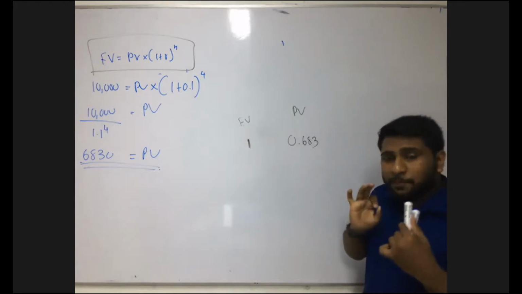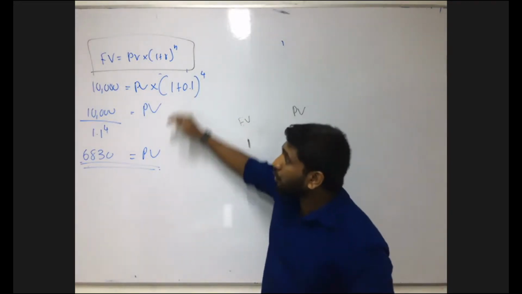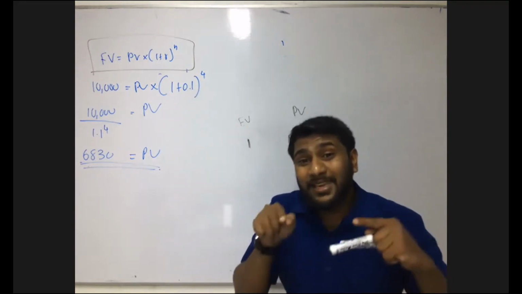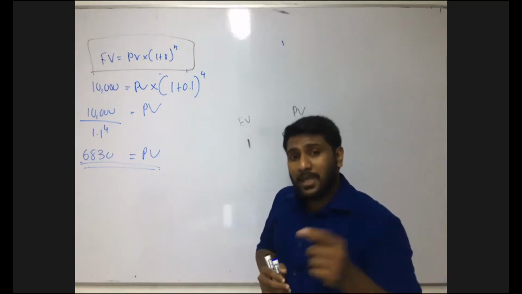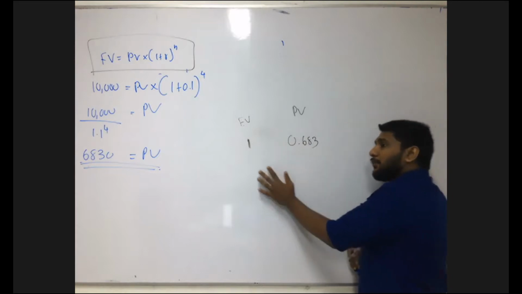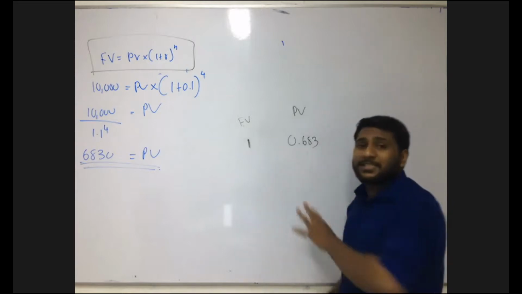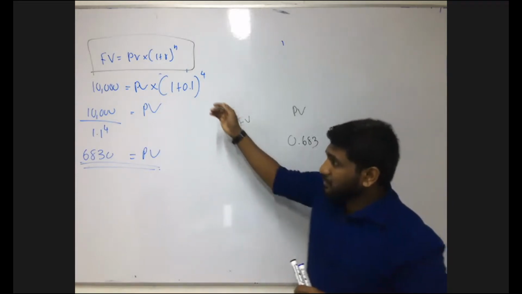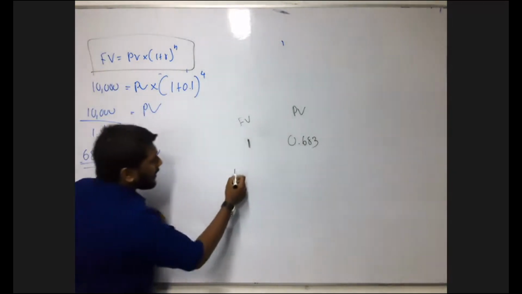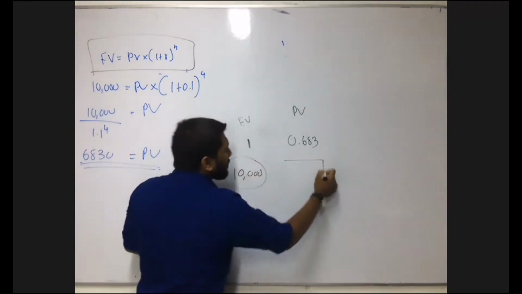To get these present values, you are not required to use the formula. By using the table, you will be able to get the answer. In this question, in future you are getting $10,000. What is your present value?